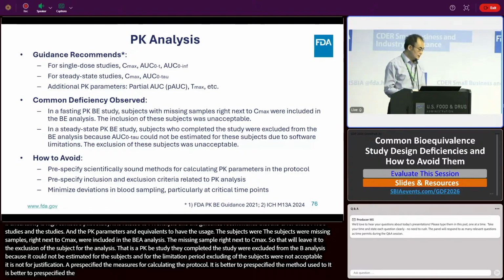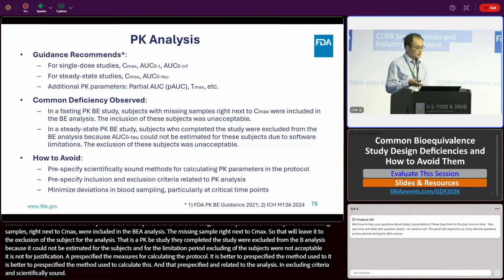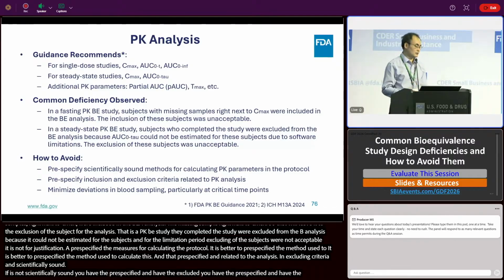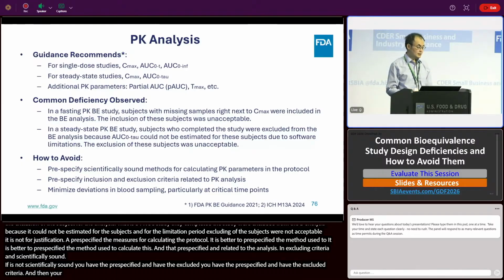Secondly, pre-specify inclusion and exclusion criteria related to PK analysis, but these criteria should be scientifically sound. If not, even if you pre-specify them, we may not agree with your criteria during the review. Lastly, minimize deviations in blood sampling, particularly at critical time points.